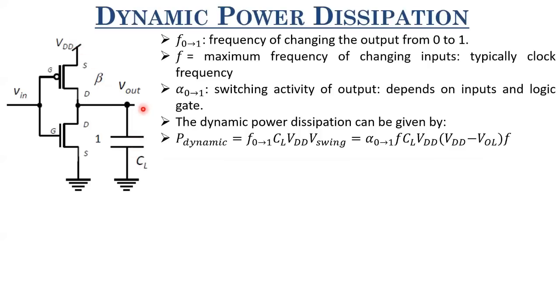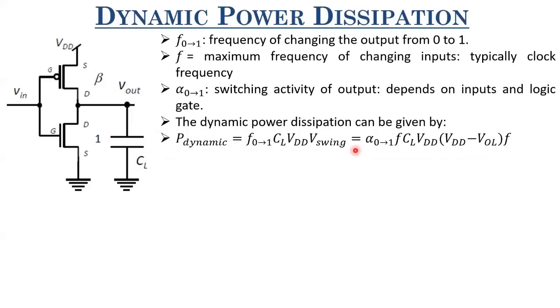And what is your energy? Energy is simply Q times V. So what is Q? Q is CL times V swing. What is your V? V is basically VDD. So the dynamic power is simply given by F0 to 1 CL VDD V swing. This is your dynamic energy, and this is your frequency, and that is why you get a power here, right?